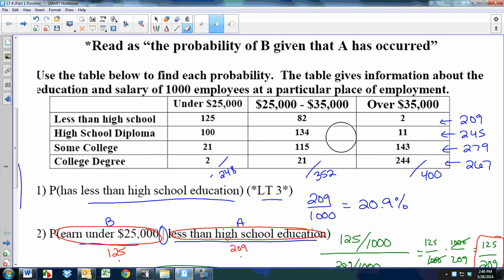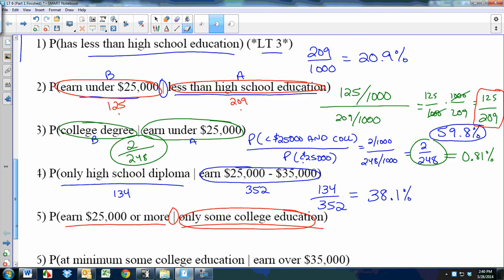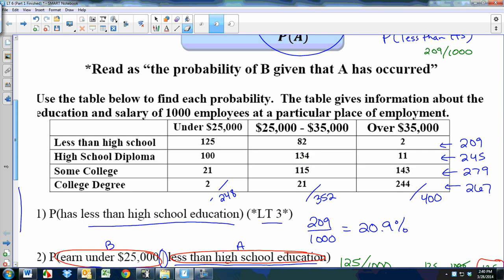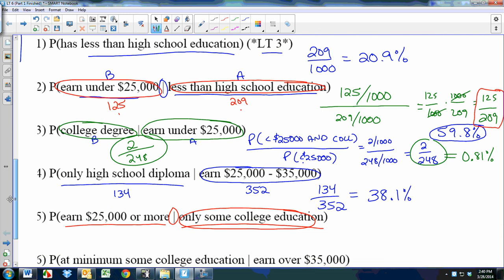Only has some college education. That is these folks, which is 279 of them. So 279 people fit the condition that's given here, the condition on this conditional probability.